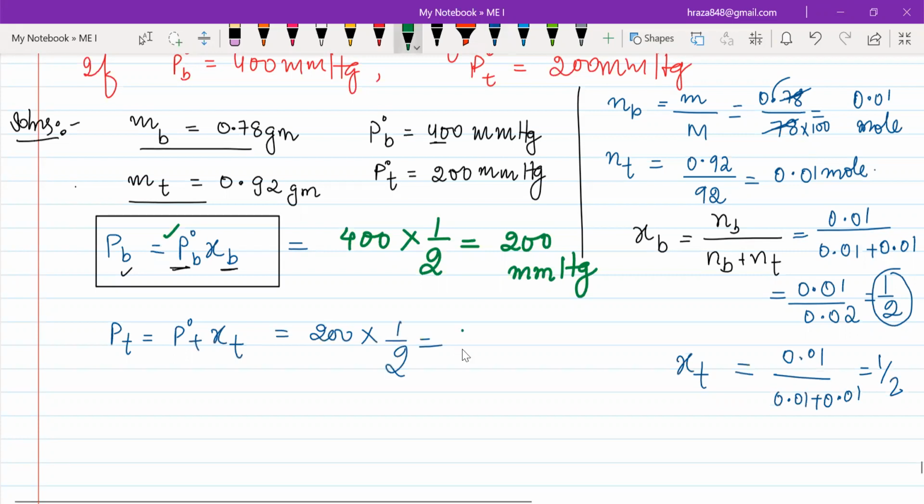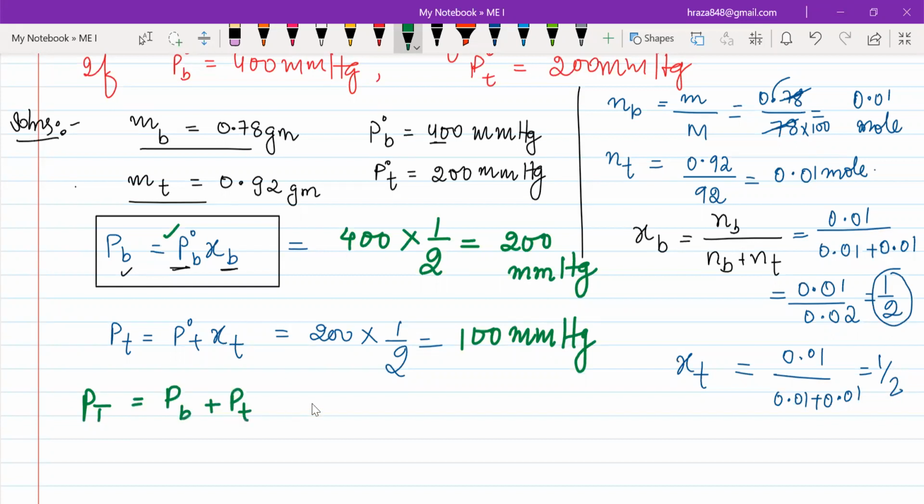Partial pressure of toluene will be equal to 100 mmHg. Now, the total pressure of solution will be equal to partial pressure of benzene plus partial pressure of toluene. Partial pressure of benzene is 200 and partial pressure of toluene is 100. So it will be equal to 300 mmHg.